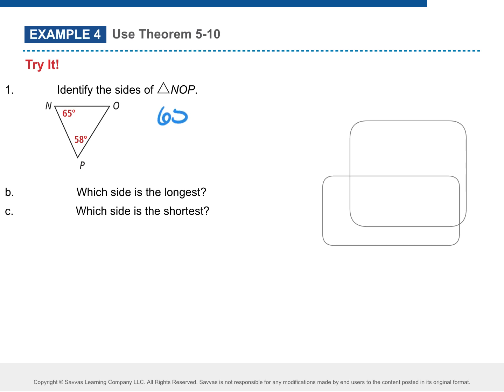We can find the third. 65 plus 58, what does that give us? 123. From there, what do I do with 123? 180 minus 123 is 57. So we know that angle is 57.